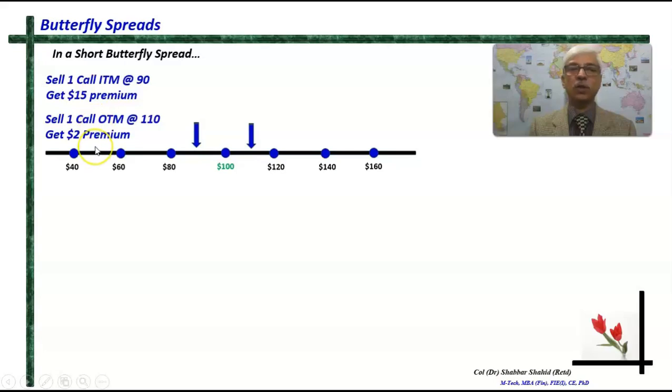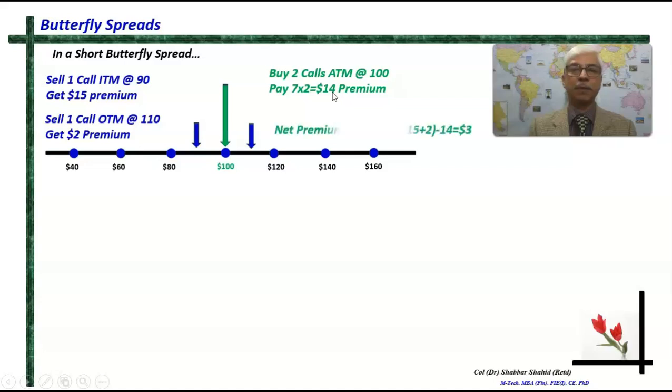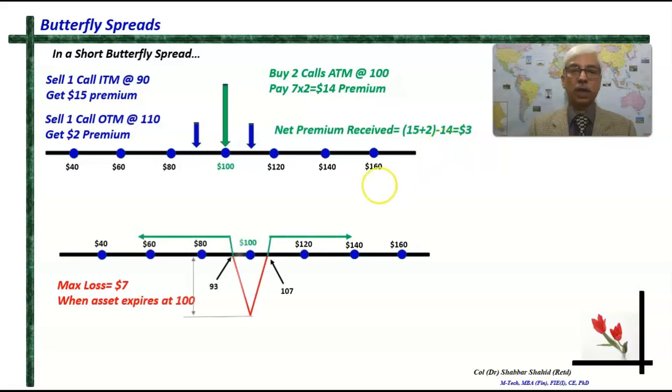So $17 you have got as premium, and you simultaneously buy two calls at the money here. Now, since you are buying, you will have to pay the premium. So 7 into 2, $14, you pay as premium. The net premium that you receive is 15 plus 2 minus this 14 which you have given. All right. So net $3 premium you have got now.